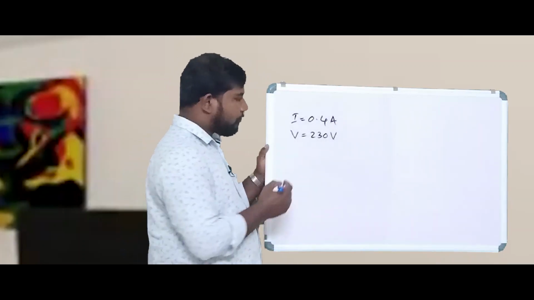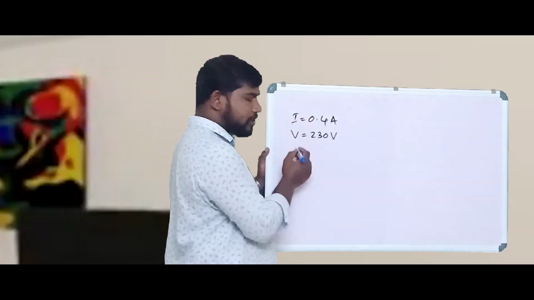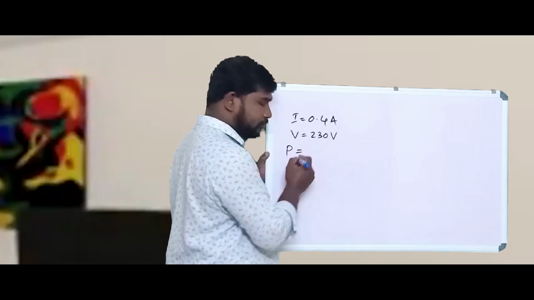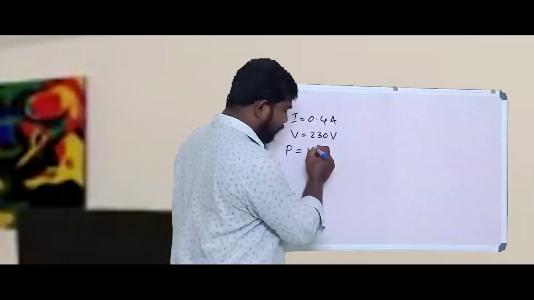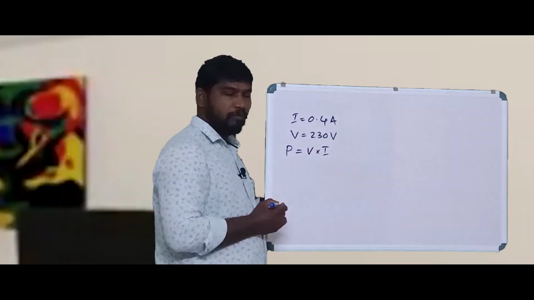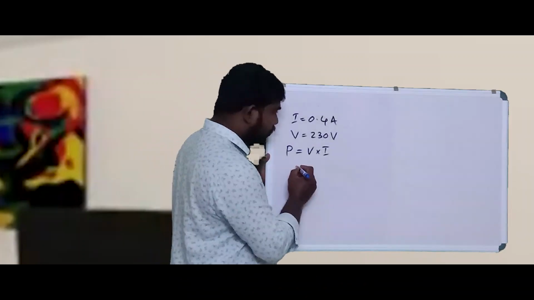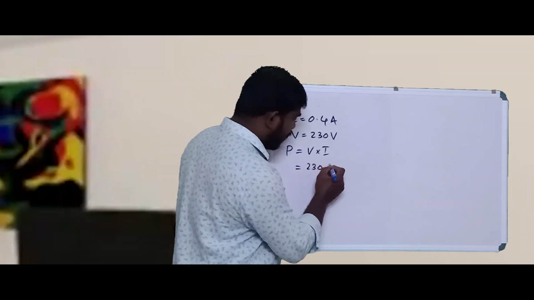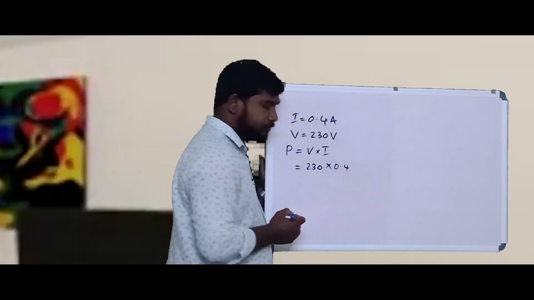Then what is the power? Here voltage and current are there, so we can easily substitute: power P is equal to V into I, voltage into current. So P is equal to 230 into 0.4.